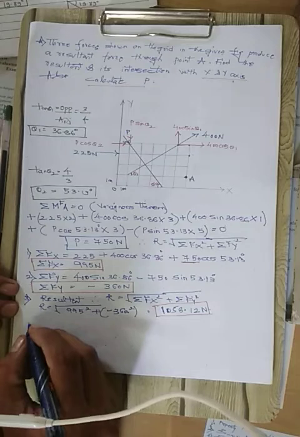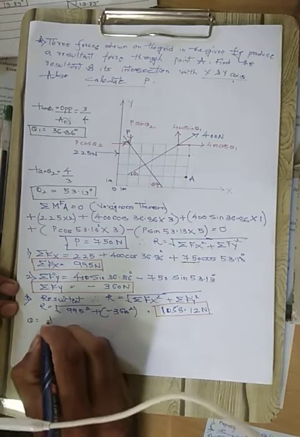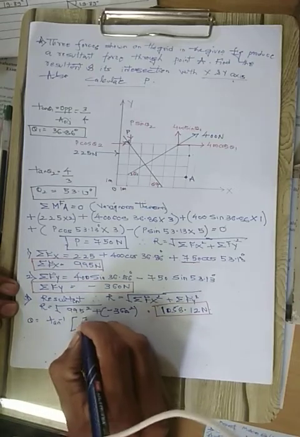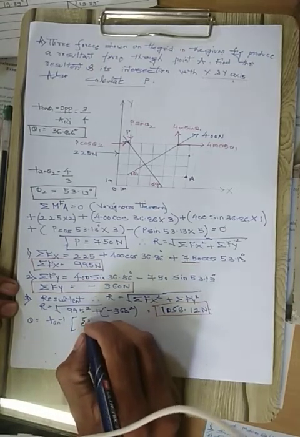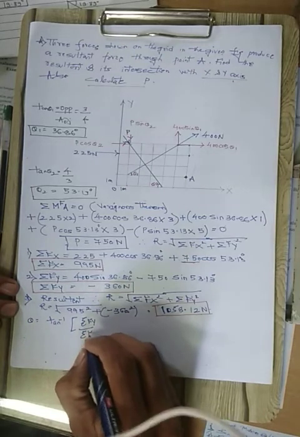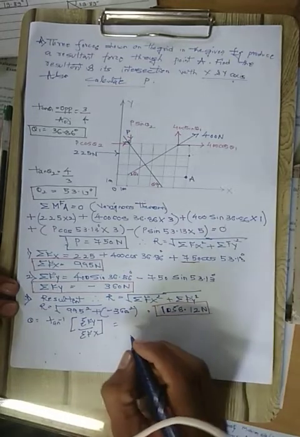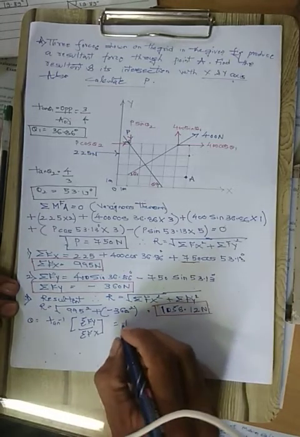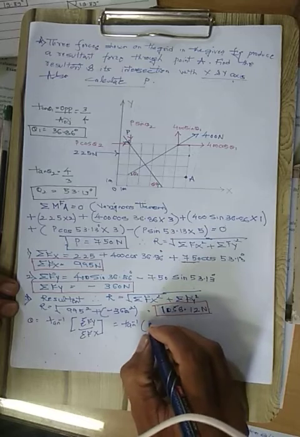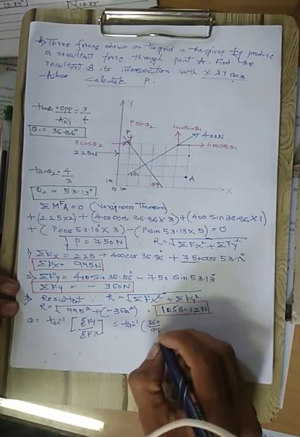Then theta, the angle made by the resultant. How to find the angle made by the resultant? Tan inverse of Fy by Fx. So tan inverse of summation of Fy. While finding theta, there is no need to use the minus sign. So directly tan inverse of, Fy is 360 and Fx is 995.